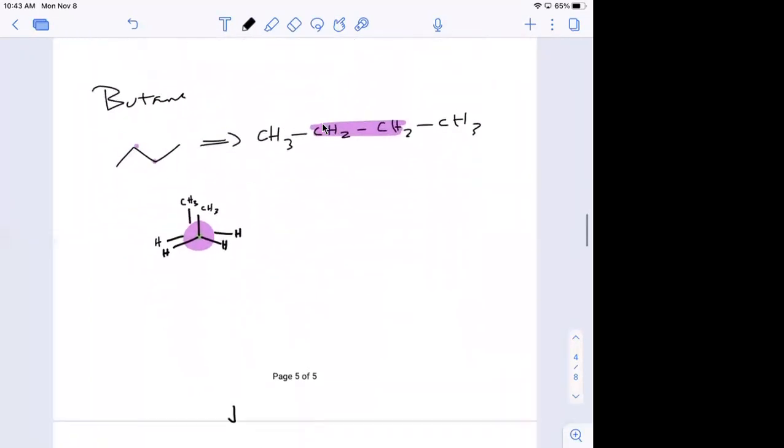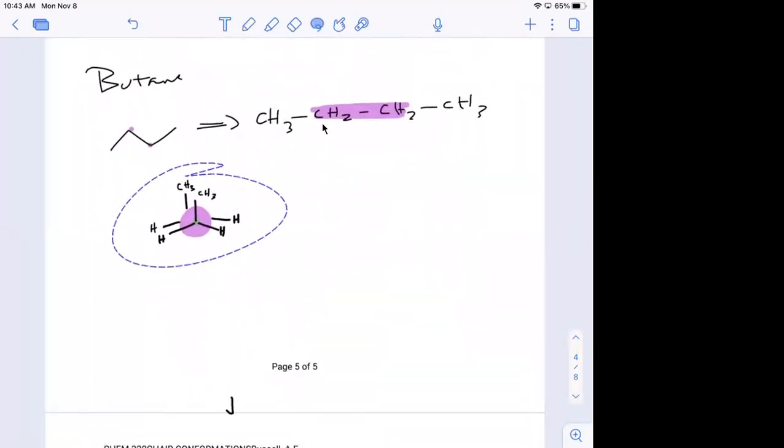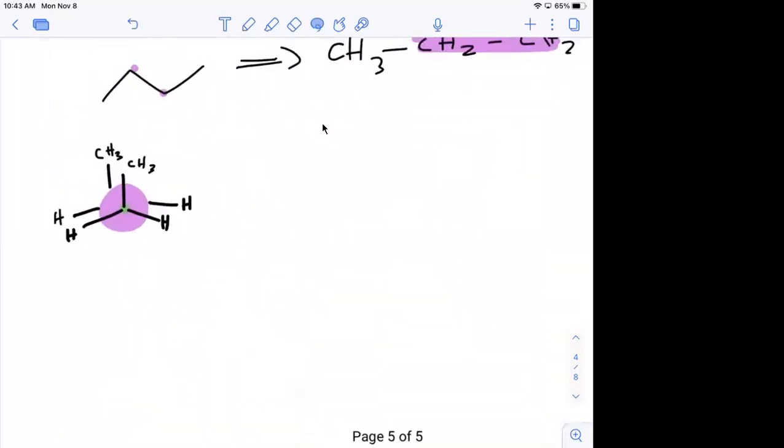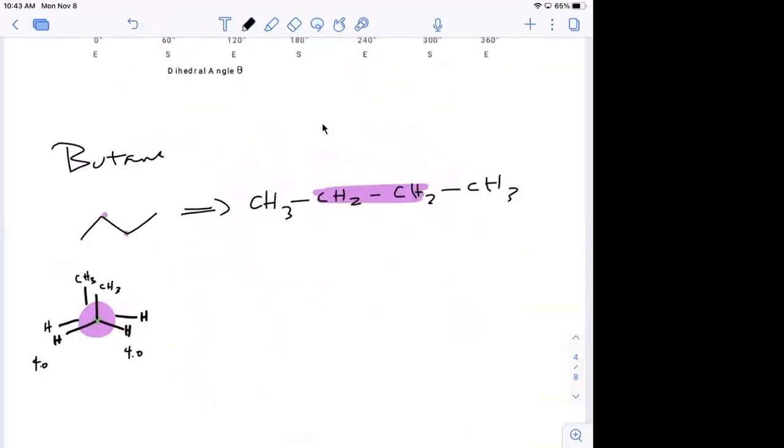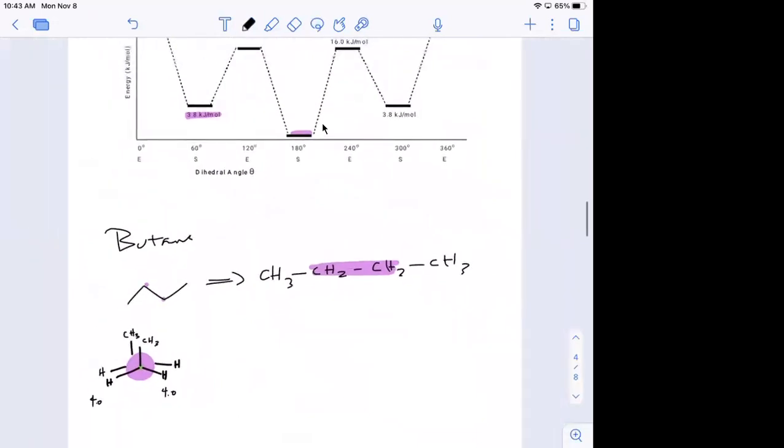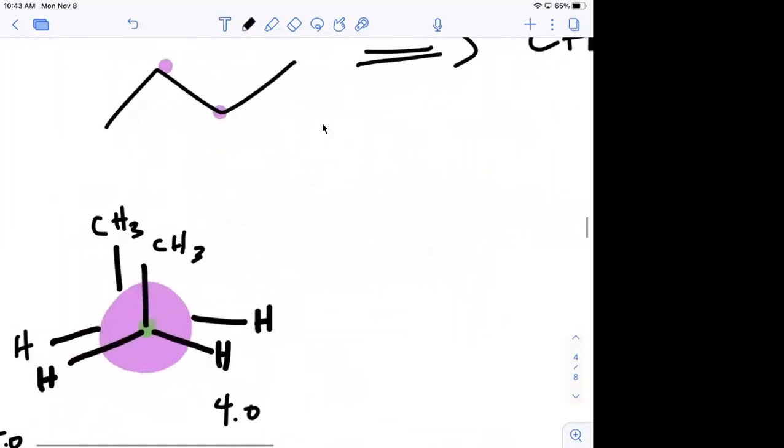So here, let me move this over. How much does it cost for each of the hydrogens to overlap? 4.4 kilojoules. And if the total is 19, how much does that make the methyl overlap, which is a really, really serious steric interaction?